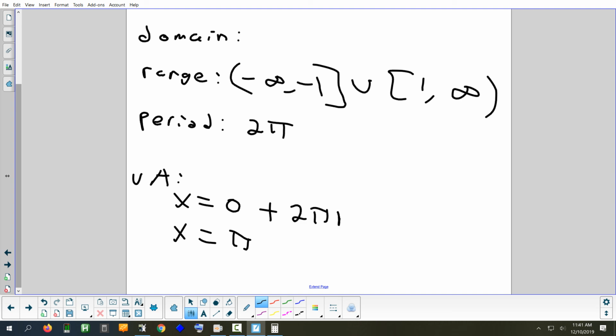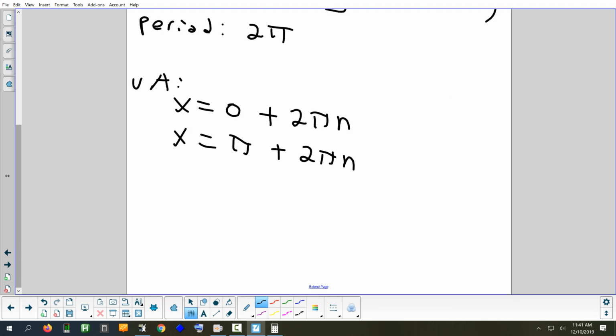Every 2 pi n. And the other one is going to repeat the same. Now, this one's even easier to combine into one statement. If you let n equal 1 here, what's 2 pi times 1? 2 pi plus 0. What's 2 pi times 2? 4 pi. 2 pi times 3? 6 pi.